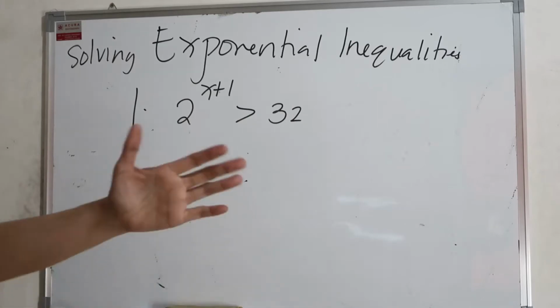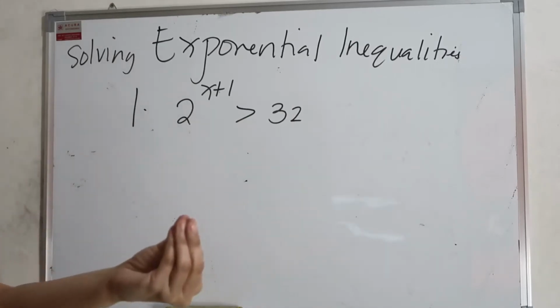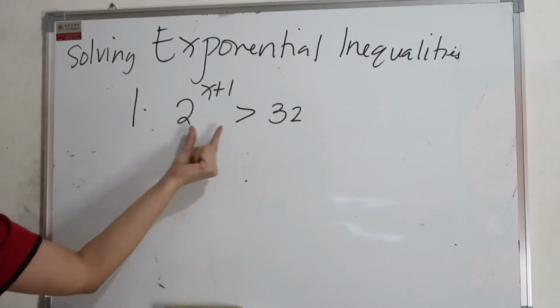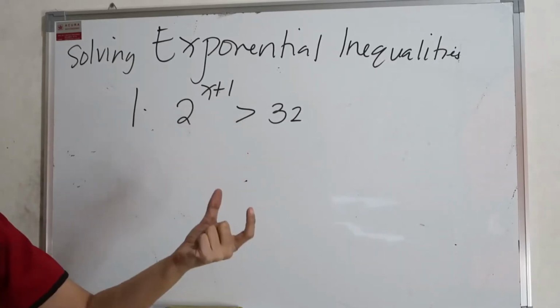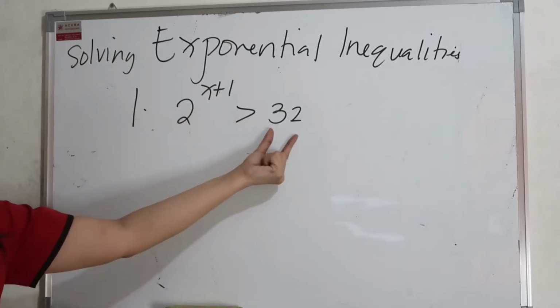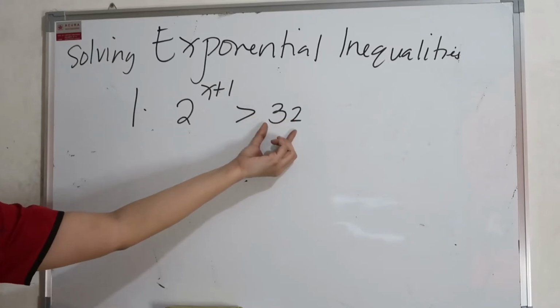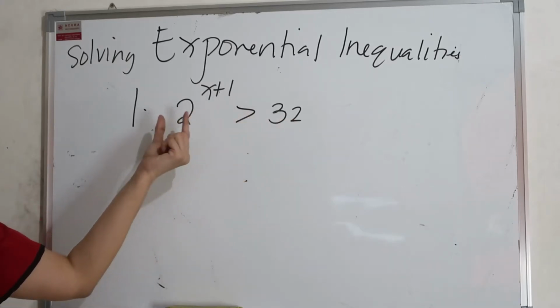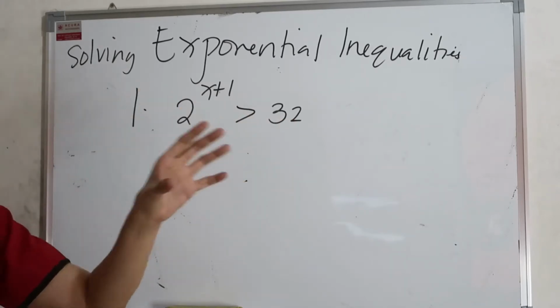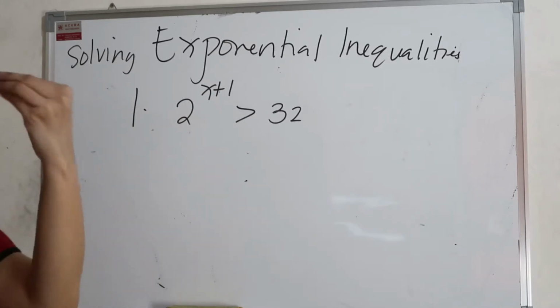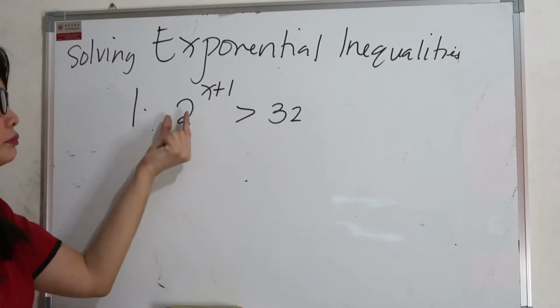Same thing with the concept: how do we solve an exponential equation? First, you need to come up with a common base. So 2 and 32. Okay, rewrite 32. The given base must be 2, because our main goal is to have a common base.